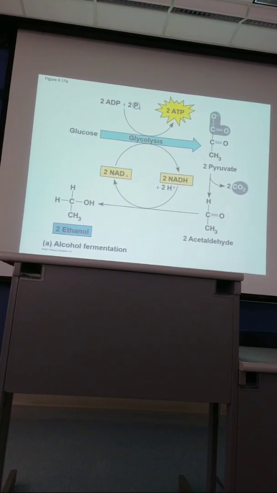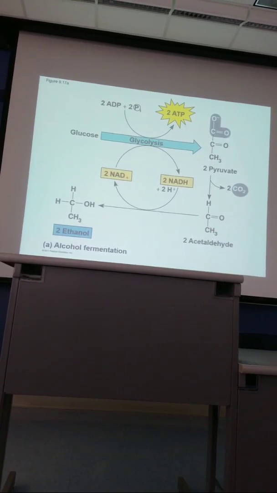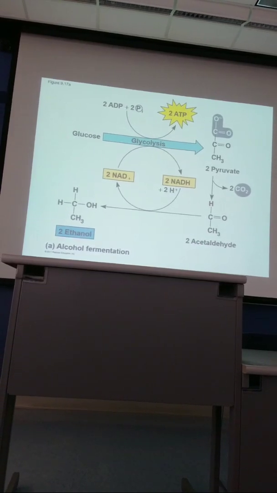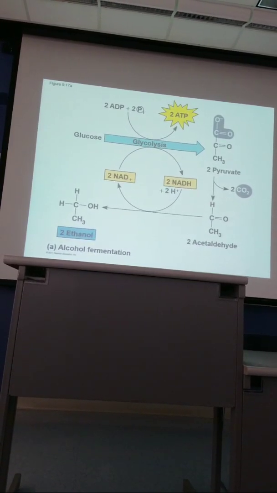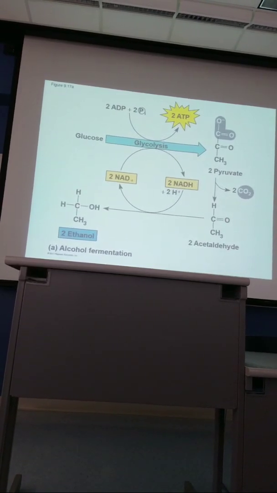Now it is called acetaldehyde. You look right over here, that part's the acetyl group. Now you add a hydrogen to it and it becomes acetaldehyde. The acetaldehyde will then be converted to ethanol.